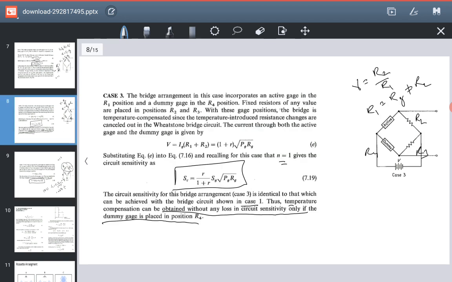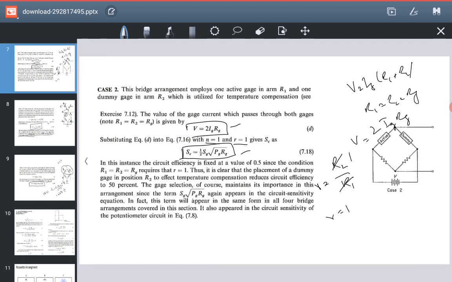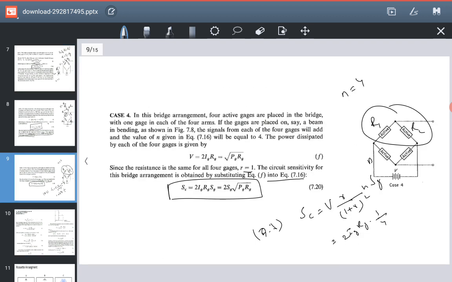In all the previous examples we had only 1 gauge, so n was always equal to 1. But we have 4 gauges here. So V is equal to 2IgRg into 1 upon 1 plus 1, so it will be 2, so 1 upon 4, and it will be Sg, so 4 cancels, and it is 2IgRg and Sg.